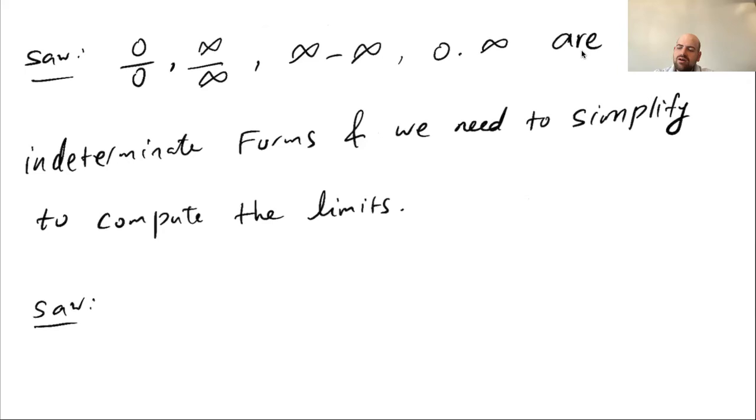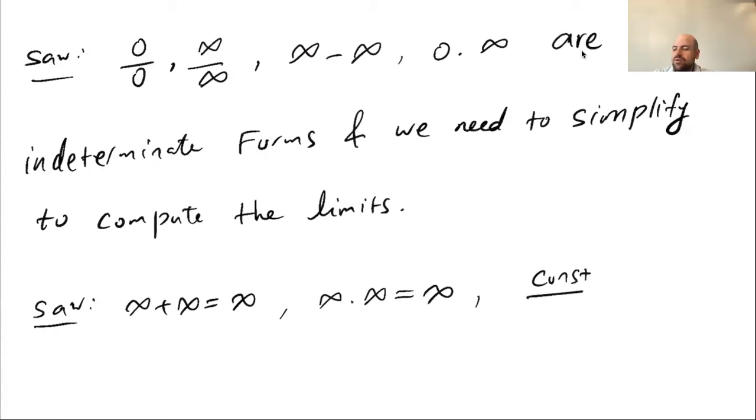But some forms are determinate, meaning that we can immediately write down the answer. For example, infinity plus infinity is equal to infinity, or infinity times infinity is equal to infinity. Or a constant over infinity is 0.